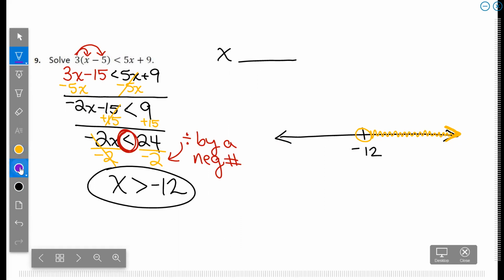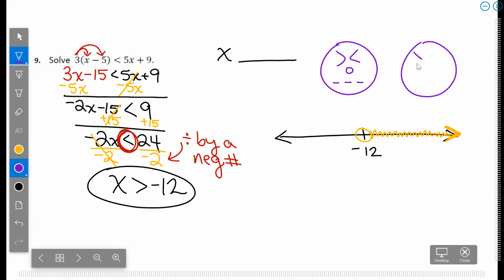All right, so the smiley faces that we learned before, that I believe you guys know of from Algebra 1. Well, let me go back and fix that. We would choose a filled-in dot on our number line if we had that or equal to line underneath.